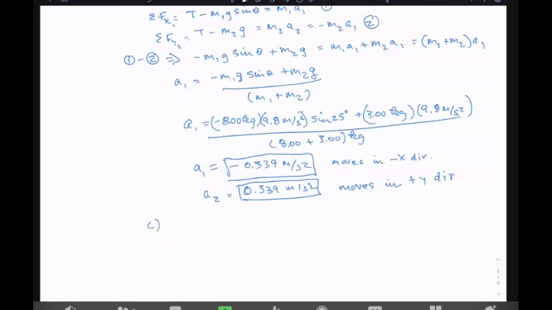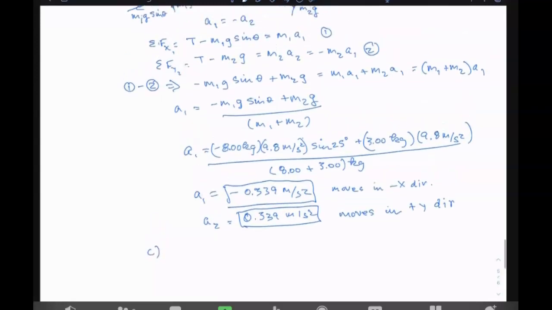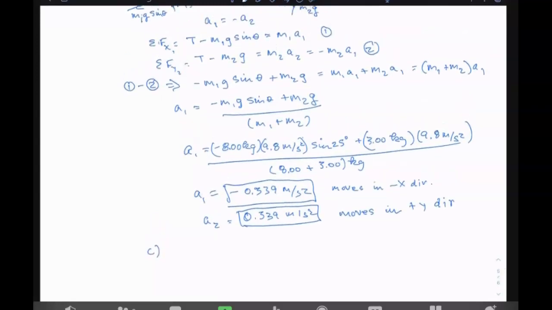And then part C. Solve for the tension. Well, I can use either equation 1 or I can use equation 2.